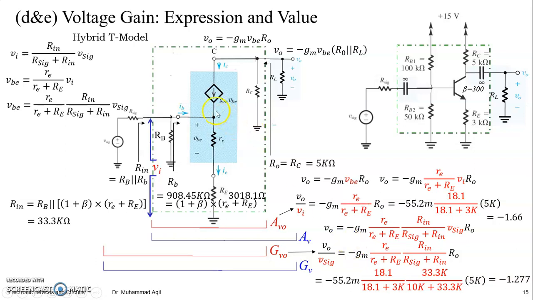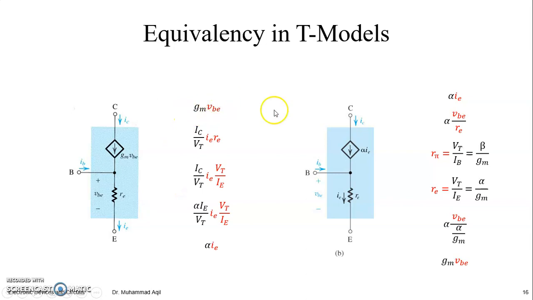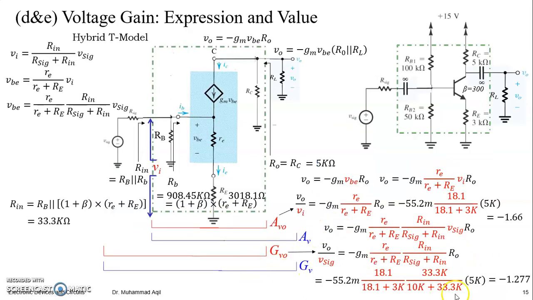The relation may seem a little different, but it will not be different from this one, because they used alpha IE times RE, right? So both of these things are the same. When you put all the values, you will get the same results. Or again, as I did, I replaced alpha IE by this one. So in their relation, if you replace this with this one, you will get the same relations, right? As we obtained.